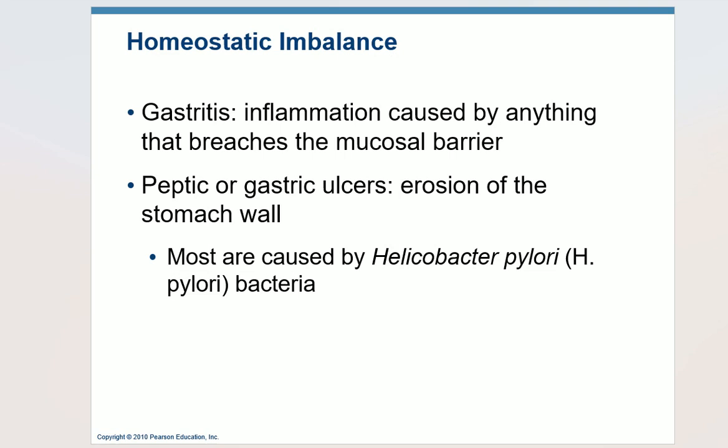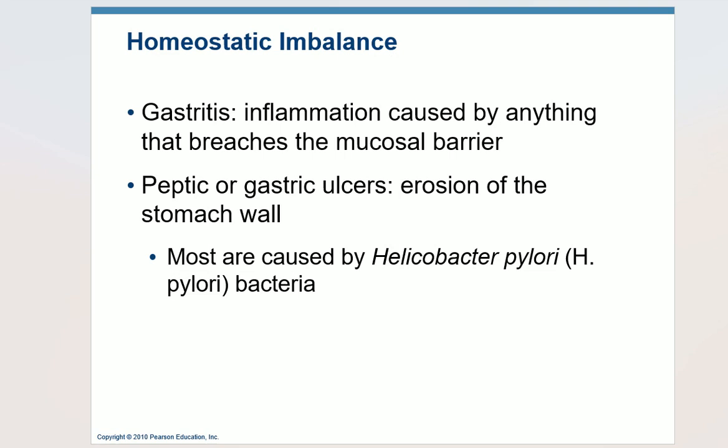So, as with everything, there are issues that can occur. Homeostatic imbalances, if you will. Something that can happen is gastritis. Anytime you see itis, remember that's inflammation. Gastritis is inflammation of the mucus lining of digestive organs.